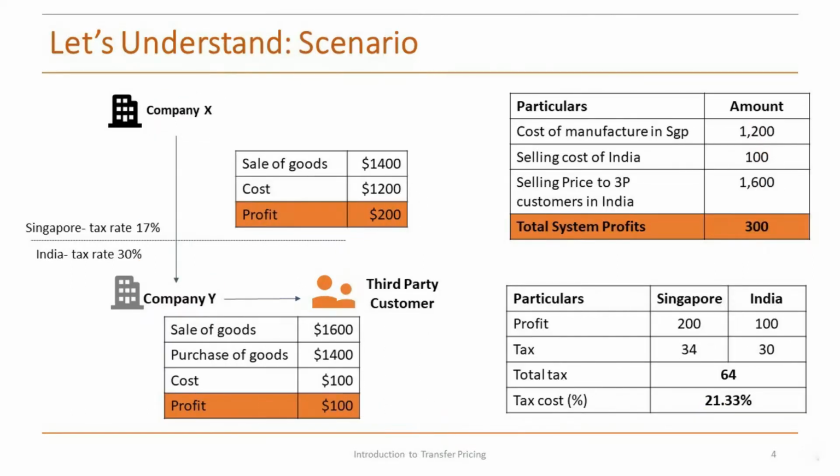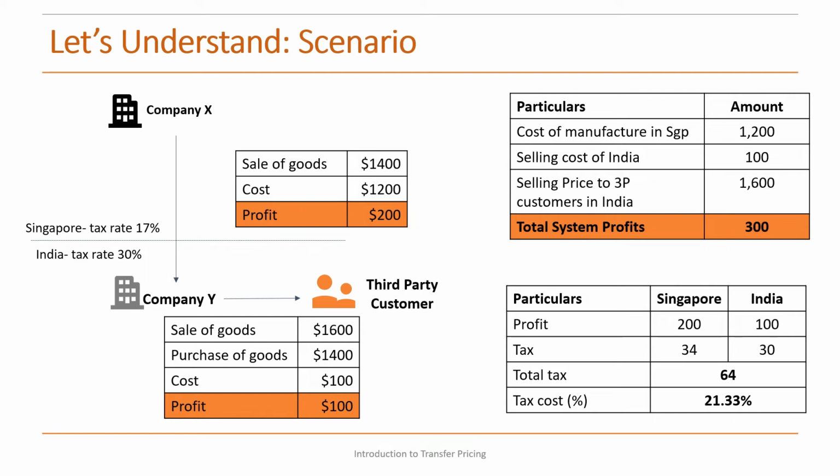Now, a small tweak to this example. In the earlier example, we saw that Company X, which is in Singapore, was selling the products to India at $1,300. So in this example, let's say it sells to Company Y in India at $1,400. What this means is that India buys the product from Singapore at $1,400 and the rest of the facts remain the same.